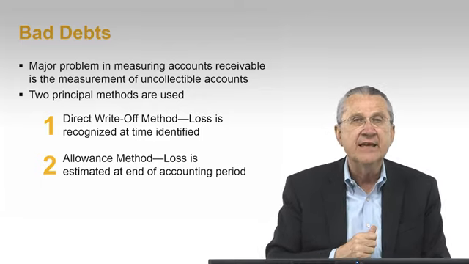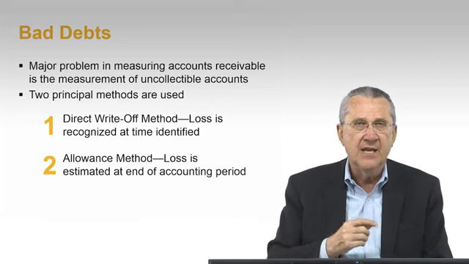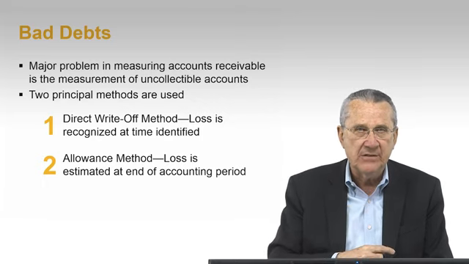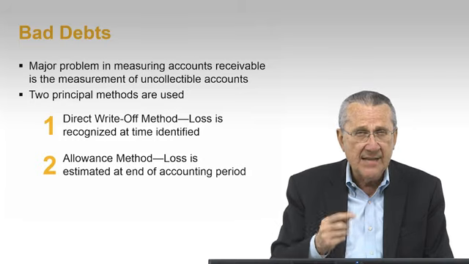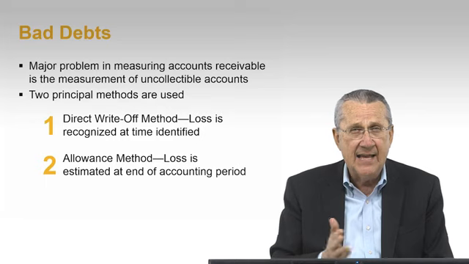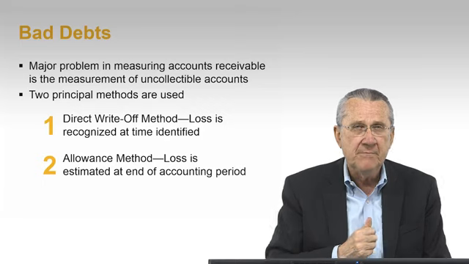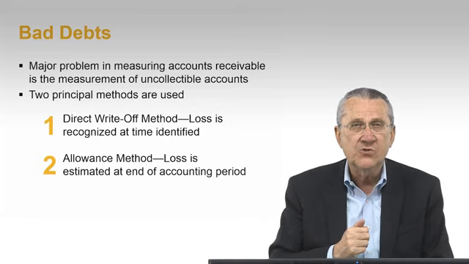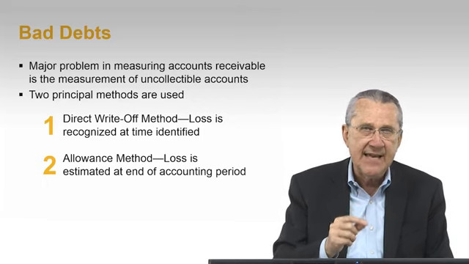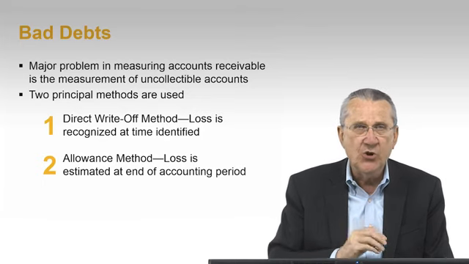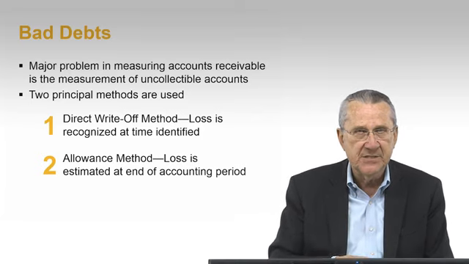The answer typically is we believe that extending credit to our clients increases our sales and therefore our profits. As a consequence, we have to recognize that often some of our clients or customers won't pay us, and that cost, that bad debt expense, is just a normal business cost of doing credit business.